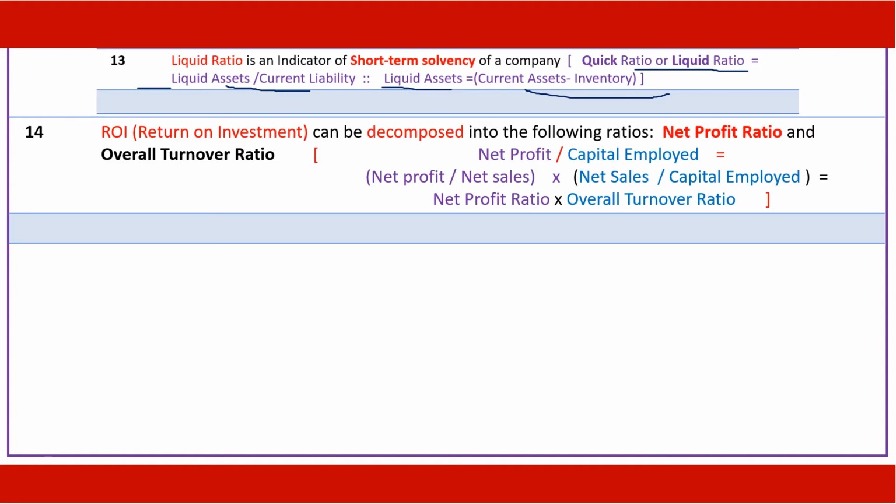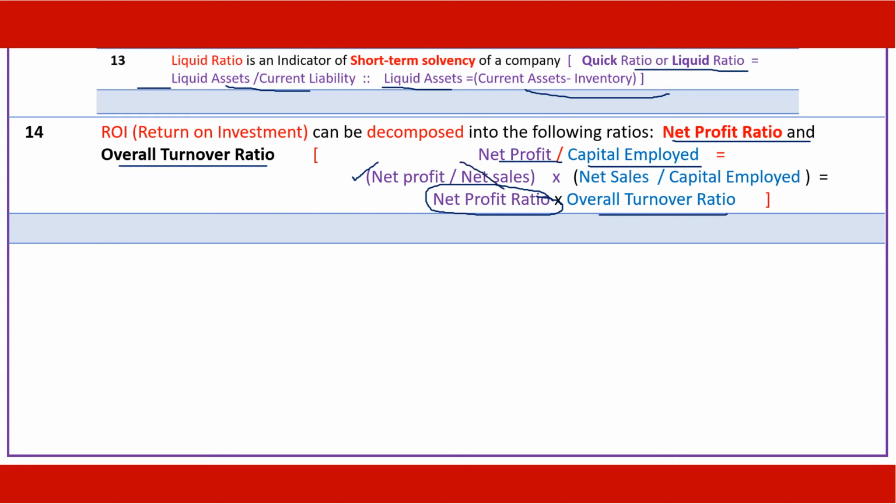Return on investment can be decomposed into the following ratios, namely net profit ratio and overall turnover ratio. We can see it like this. ROI equals net profit divided by capital employed, which is also represented as net profit divided by net sales, which is also known as net profit ratio, into net sales divided by capital employed, which is nothing but overall turnover ratio.